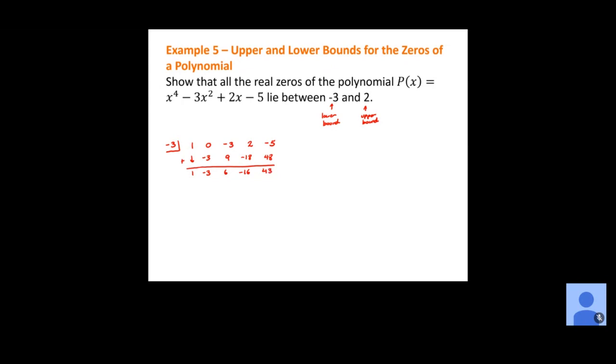Now, obviously, -3 is not a 0, right? But we need to see if it's a lower bound. So what should happen here if -3 is a lower bound?